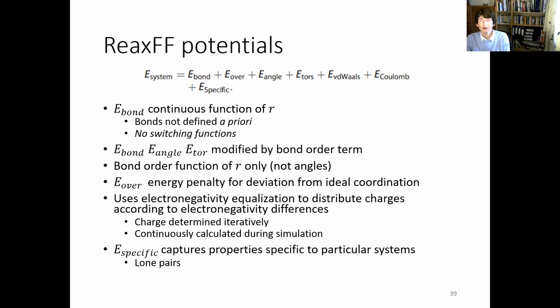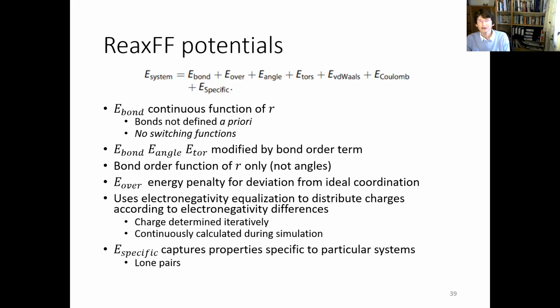And the other important difference is that the bonds are not defined a priori. You just put all the atoms in and somehow the computer works out what's bonded and what's not bonded. So there's no switching function. Everything just depends on distance.